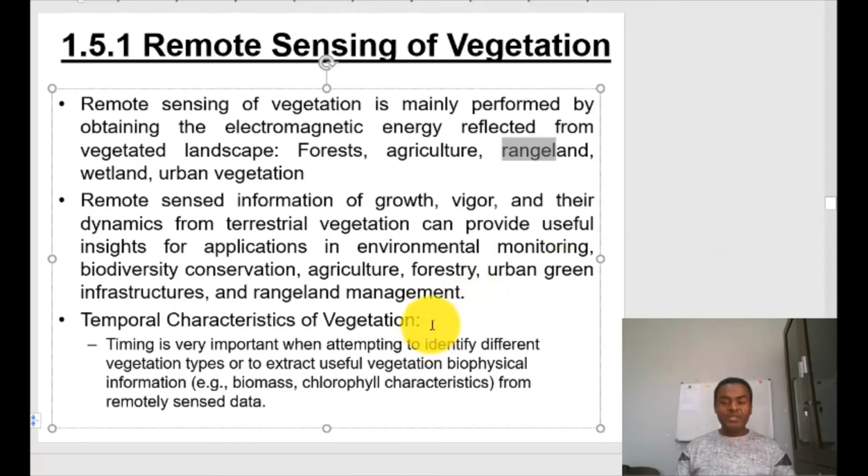Okay, but the best time to use remote sensing to detect vegetation is dry season. Okay, so timing is very important when attempting to identify different vegetation types, to extract useful vegetation biophysical information from remotely sensed data.